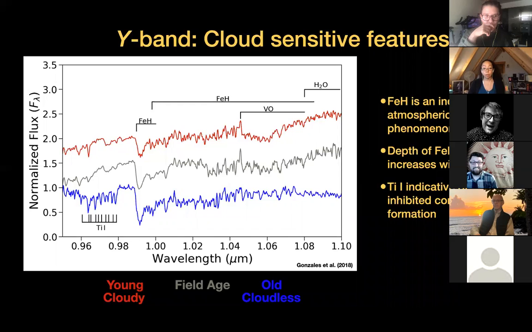That's showing that we can probe deeper into the atmosphere because we don't have clouds blocking it out. Also, we see atomic titanium I in the subdwarf atmosphere, and that's also indicative of the inhibited condensate formation. Because this isn't condensing out into other clouds, we have atomic titanium sticking around.